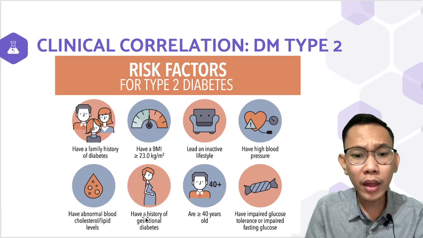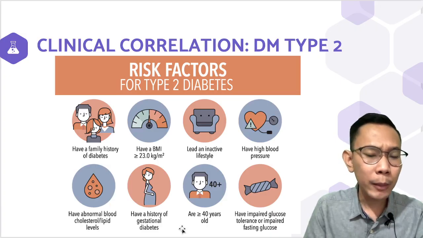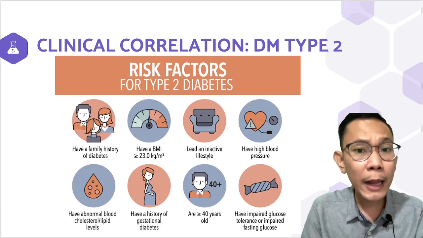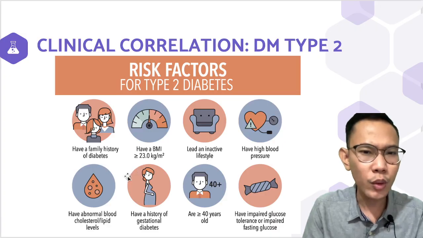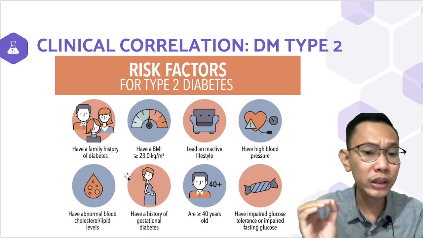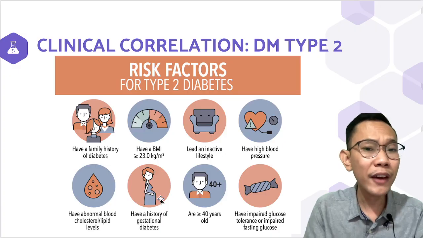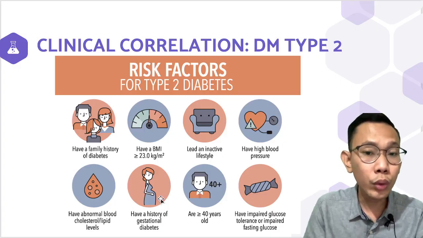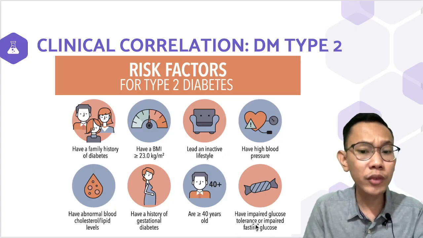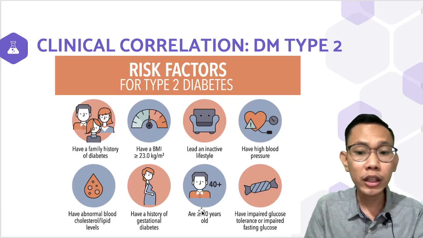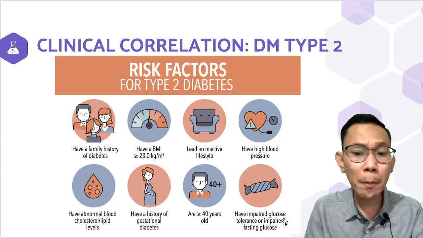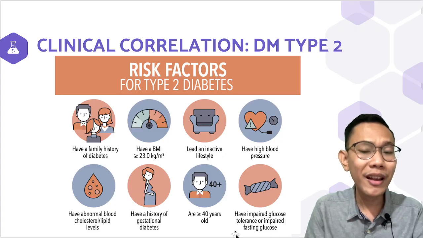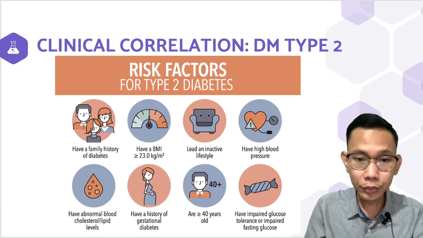Yung buntis na mother, pwede din sila, from GDM magiging type 2 diabetes mellitus, if this GDM is not being addressed. Kung hindi siya talaga na-address, wala na-manage o tarong, then your GDM after pregnancy will lead to diabetes mellitus. And another risk factor is the age of our patient, if it's more than 40 years old. And other risk factor, impaired glucose tolerance or impaired fasting glucose.